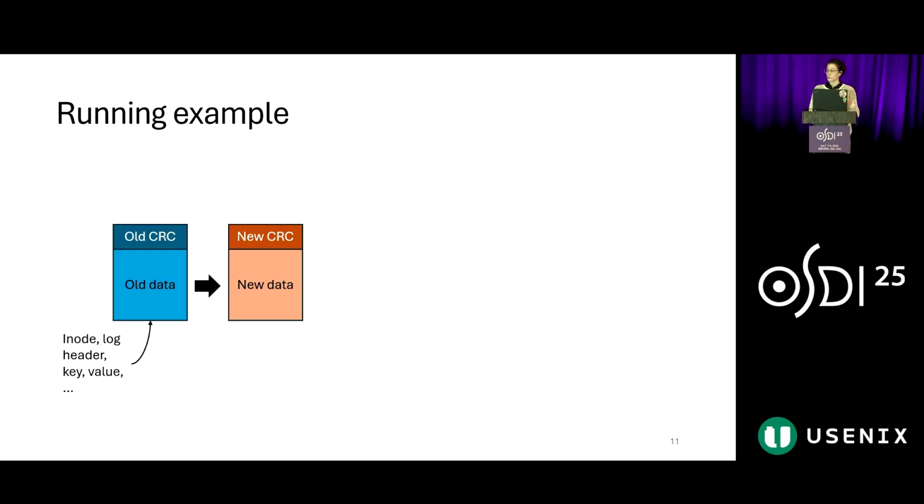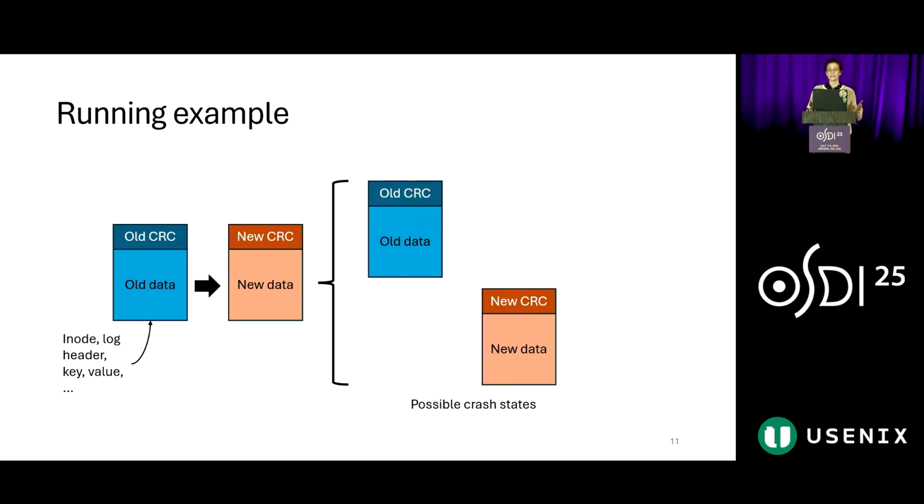And depending on the storage device that we're using and how we implement this operation, there are multiple possible states the system could end up in the event of a crash that interrupts this update. We could end up in a nice consistent state where the CRC matches the data, but we could also perhaps lose the new CRC and end up with a mismatch between the data and the CRC.